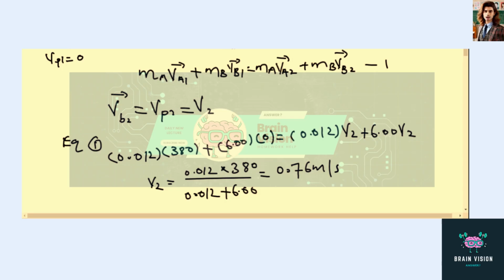After the collision, gravity is the only force acting on the system. Now let's calculate the kinetic energy of the system right after the collision.